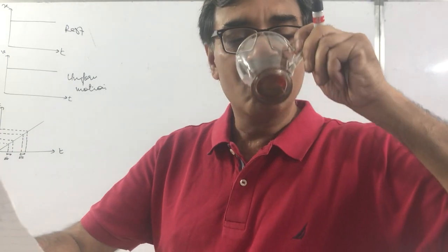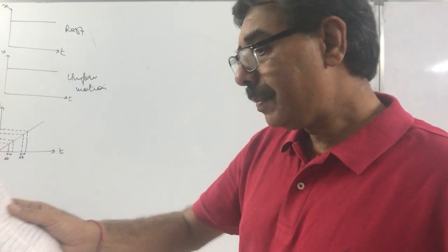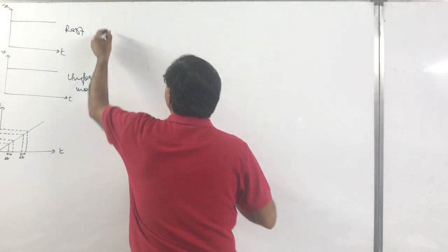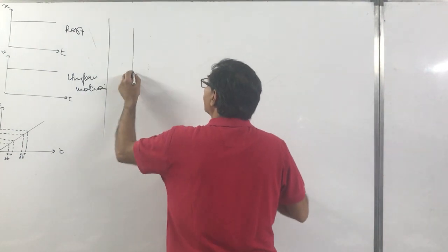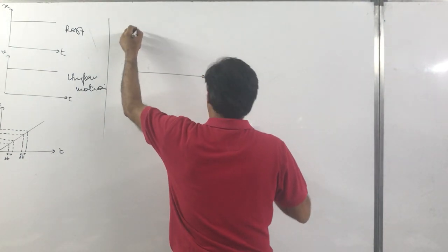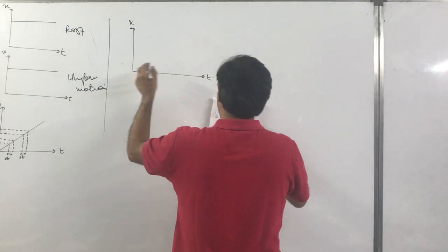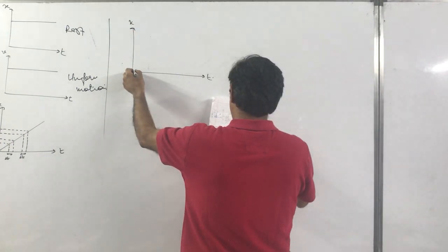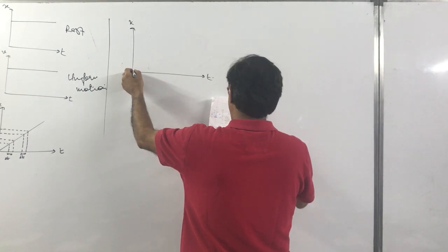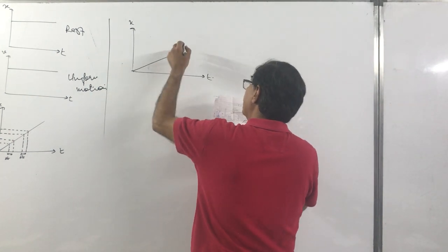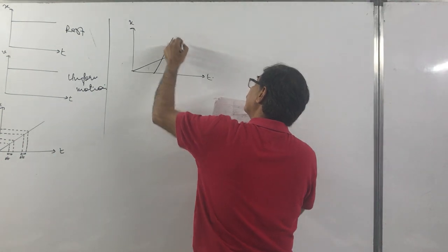I have to read. He says that we have the position time graph for two particles, right? This is A and this is B.